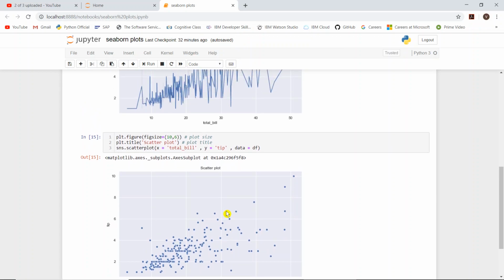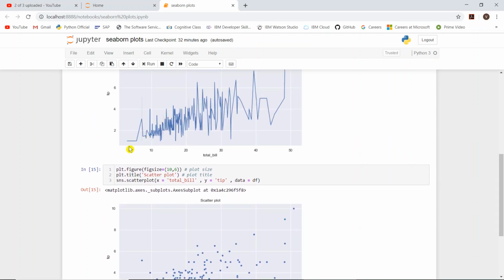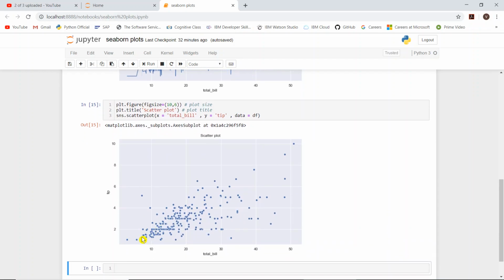But the difference is, in the line plot, Seaborn draws the line connecting the dots, and here only dots appear. The dot is nothing but a data point corresponding to total bill, how much tip was given. If you draw one line vertical to this, it comes around $8 of total bill.